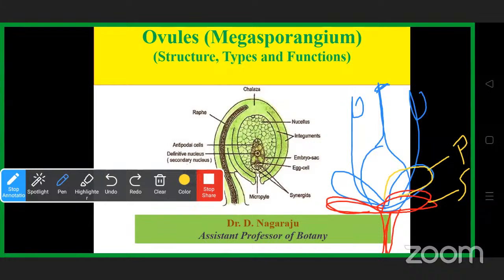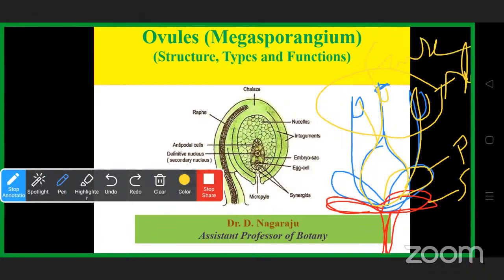And what are the essential organs? They are the gynoecium and androecium. These two are the essential organs, the sexual organs. Androecium is the male reproductive organ. Gynoecium is the female reproductive organ.